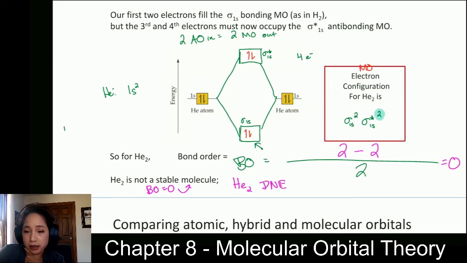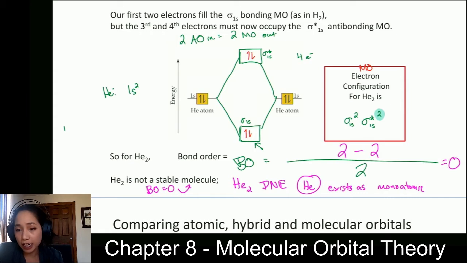So it doesn't exist. So this is kind of showing you why helium just exists as a single atom out in the natural world. Helium exists as monoatomic because there's no energy payback. We don't make a more stable substance by making He2. Helium is perfectly okay just being a monoatomic atom.